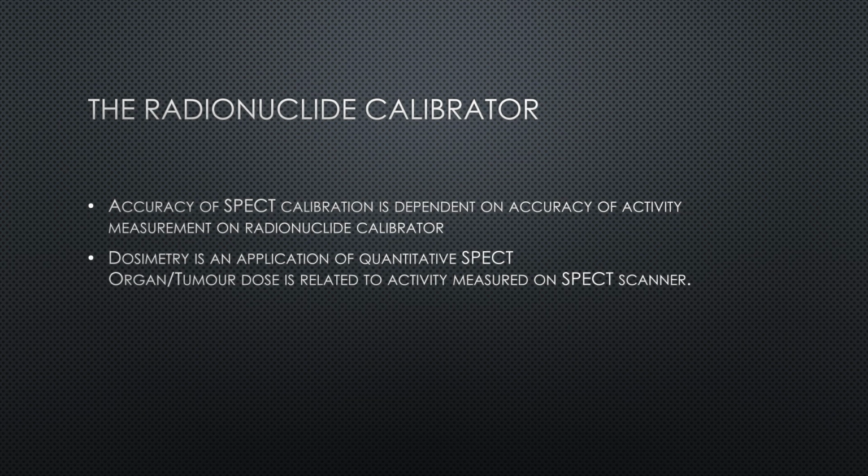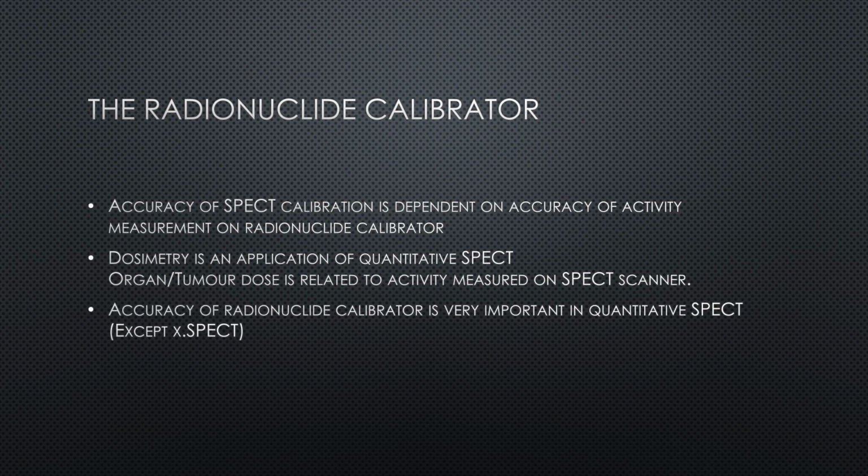And dosimetry is an application of quantitative SPECT, and we know that the organ and tumour dose is going to be directly related to the activity that you measure on your SPECT scanner. So the accuracy of the calibrator, therefore, is really important in quantitative SPECT, as I said, except where they use these NIST sources.